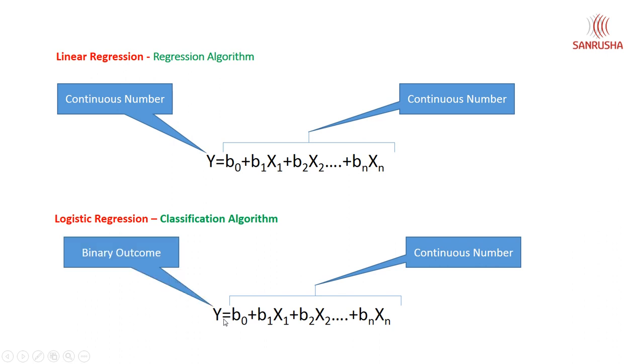But on the left side, because it's a classification technique, the outcome has to be a binary outcome in case of logistic regression. So binary outcome means values like yes, no, right, wrong, 0, 1. The complexity here is how do you get a binary outcome with continuous numbers. And that's where the whole fun behind the mathematics starts.